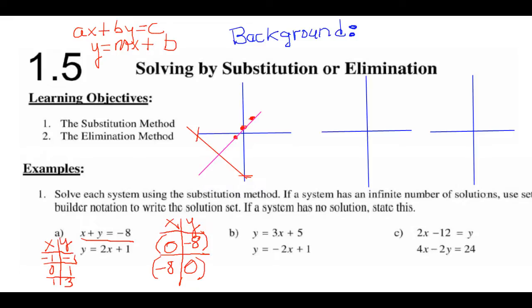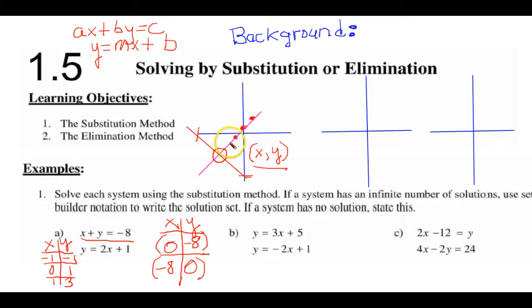Now an interesting thing occurs, that at this point right here, the ordered pair of this point of intersection is an ordered pair that will make the red graph, which is this first equation, and this second graph, which is the kind of purplish equation, have the same ordered pair as a solution that would make those graphs true.